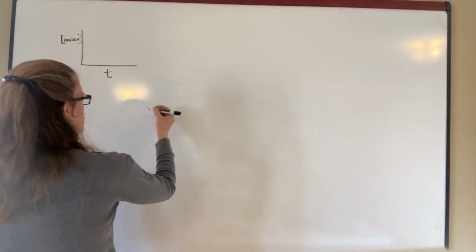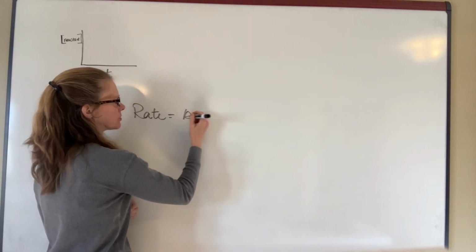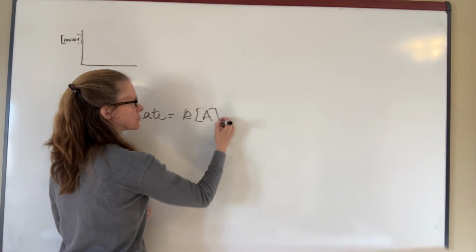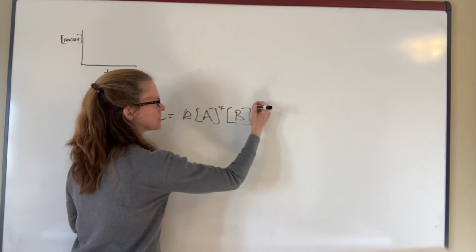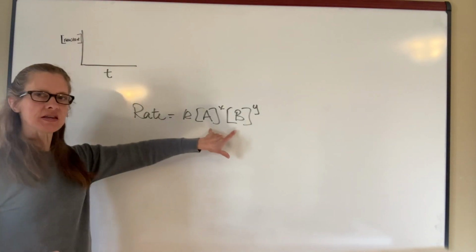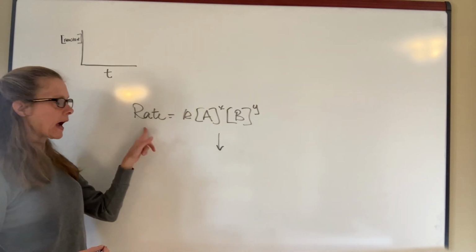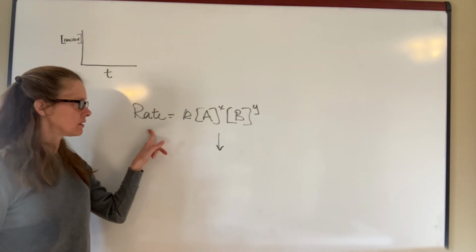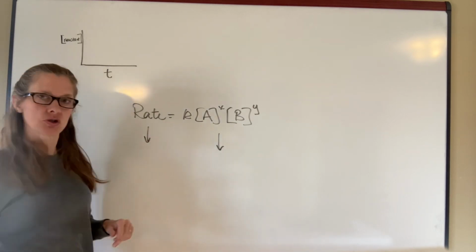So if I just have my generic rate equation where rate equals the rate constant times concentration of reactant A raised to a power times the concentration of reactant B raised to a power. If I take these and I decrease them, what's going to happen to the reaction rate? Well, if this goes down, then this is going to have to go down too.